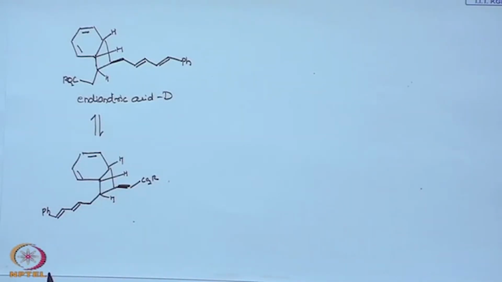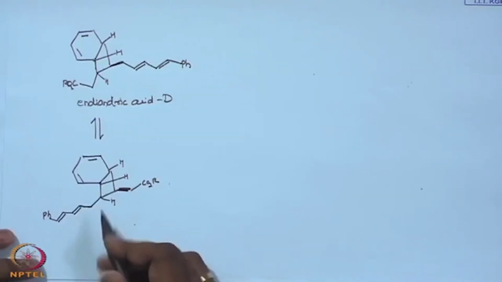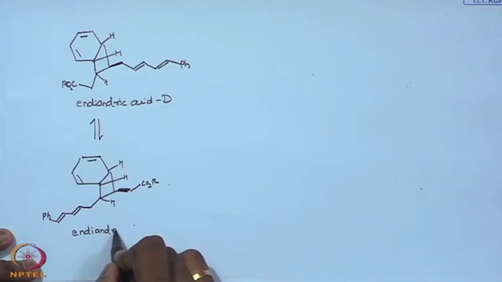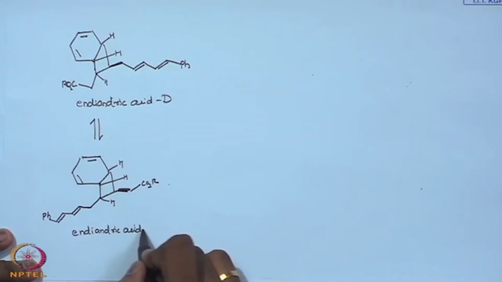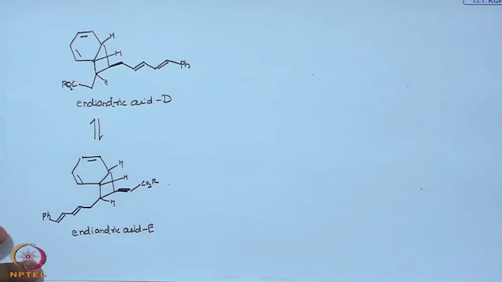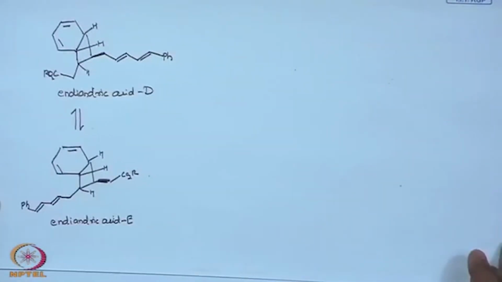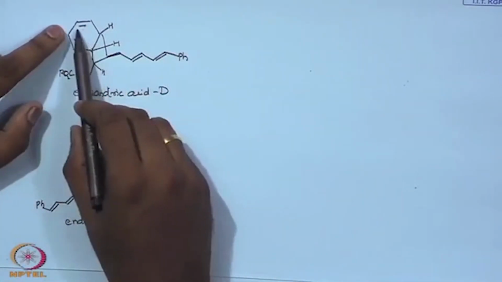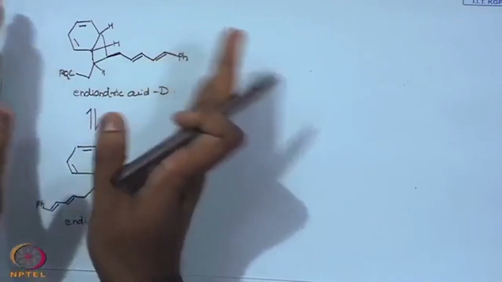Which will undergo intramolecular Diels-Alder reaction, D or E? Yeah, so D will not, because your diene and your dienophile are on opposite sides.